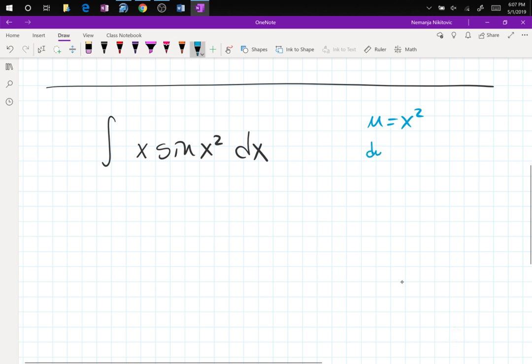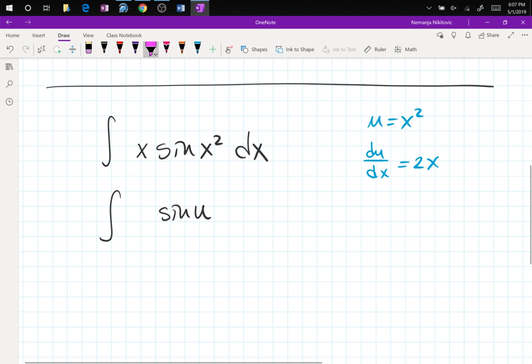That brings us the derivative of 2x, and this is the time for you to stop and think a little bit. When you draw your integral again in the next row, you're going to have sine of u.